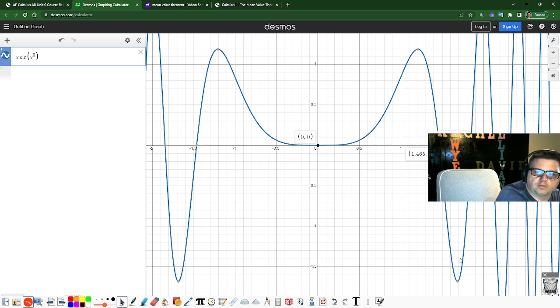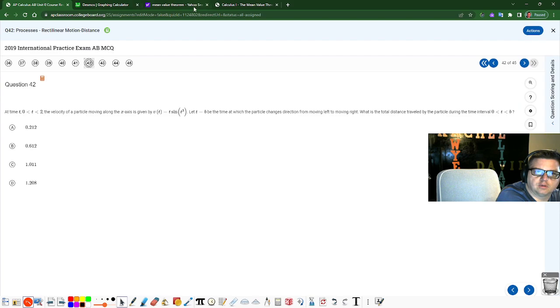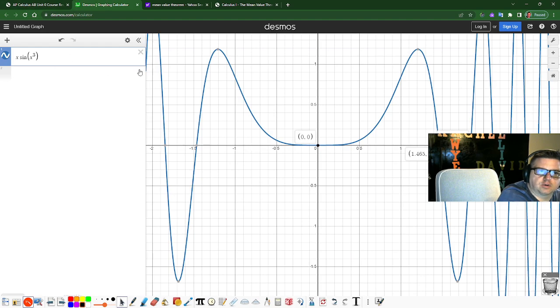Then from 1.5 to 1.85, it's moving to the left. What is the total distance traveled from 0 to t of b? So we just need to integrate this function from 0 to 1.845.